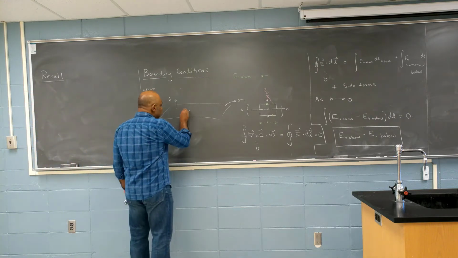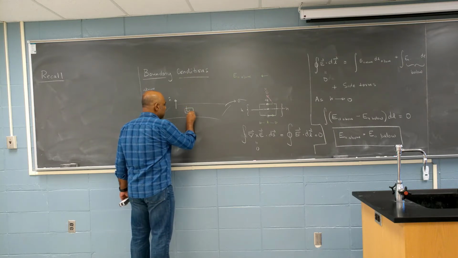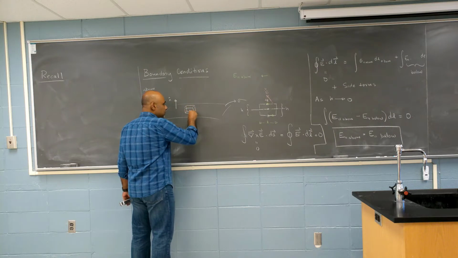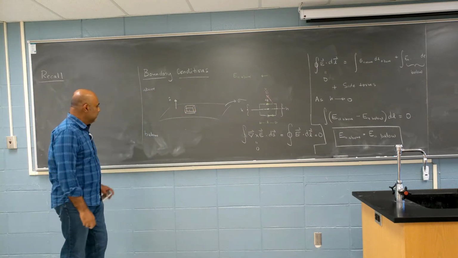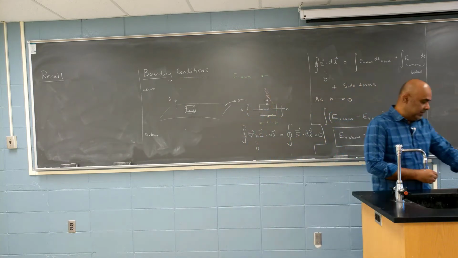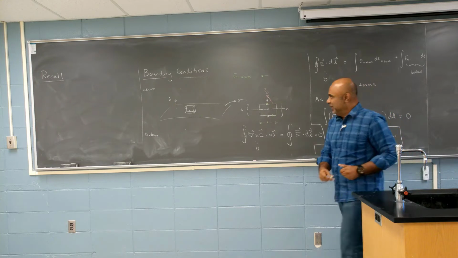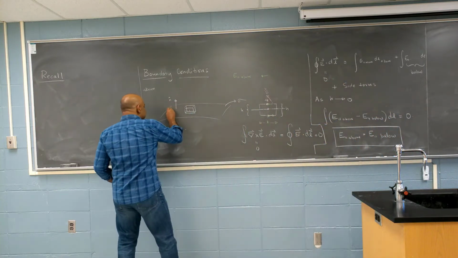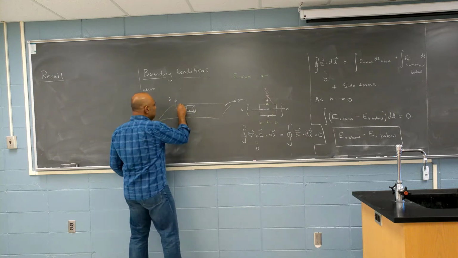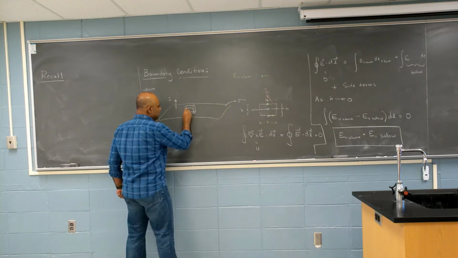You draw a pillbox. And if this is the charged surface, the pillbox is half above and half below. It doesn't have to be equal measures of things.